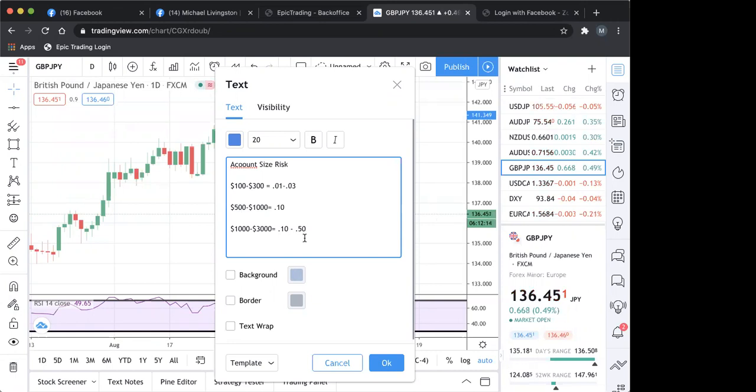If we're talking about the 50 cent lot right here, and we're risking 20 pips, that'd be $100, because 50 times 20. So 10 pips would be $50 because it's 50 cents. Basically, whatever your lot size is, what I do in my head, I don't know why they don't teach this, is just times it by 10. Because your 0.01 is the first number that I told you to block out.